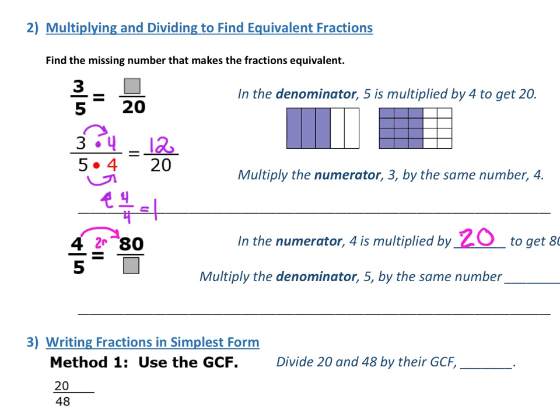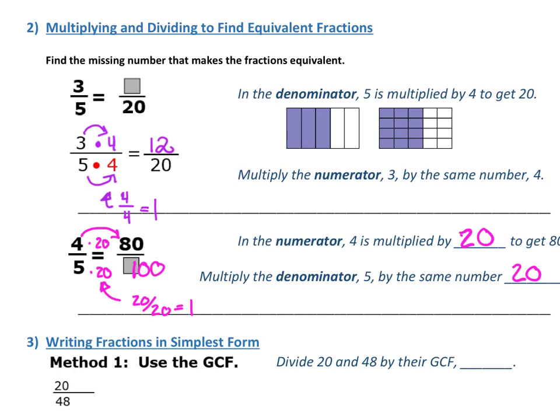If I multiply the numerator by 20, I want an equivalent fraction, so I'm going to multiply my denominator by 20 as well. That way again, I'm multiplying this time by 20/20ths, and that will give me an equivalent fraction. So multiplying the denominator by the same number will give me an equal fraction. So 80/100ths is equal to 4/5.